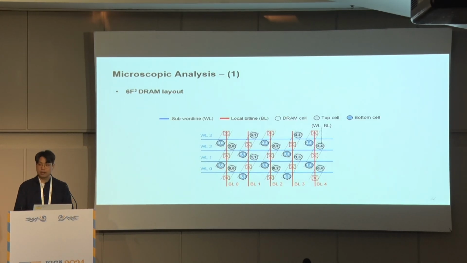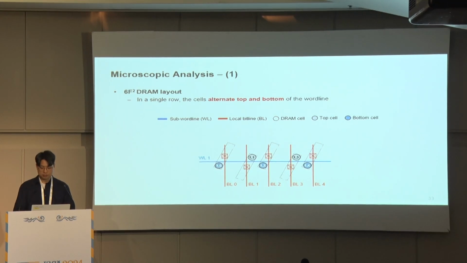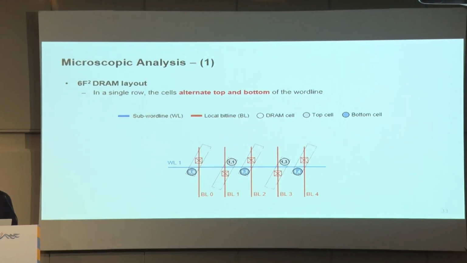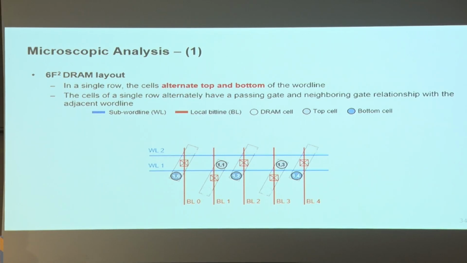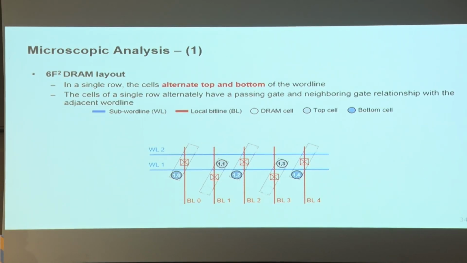First, let's understand the 6F² cell structure a bit more. In a single row, the cells alternate between the top and bottom of the wordline. It means the cells of a single row alternately have a passing gate and neighboring gate relationship with the adjacent wordline. By the way, bit flip mechanisms are different for each gate type.